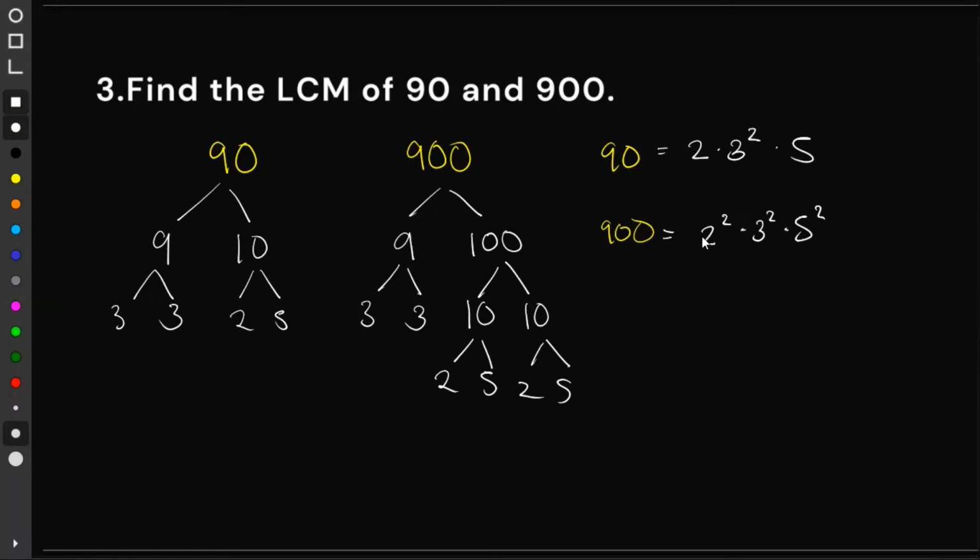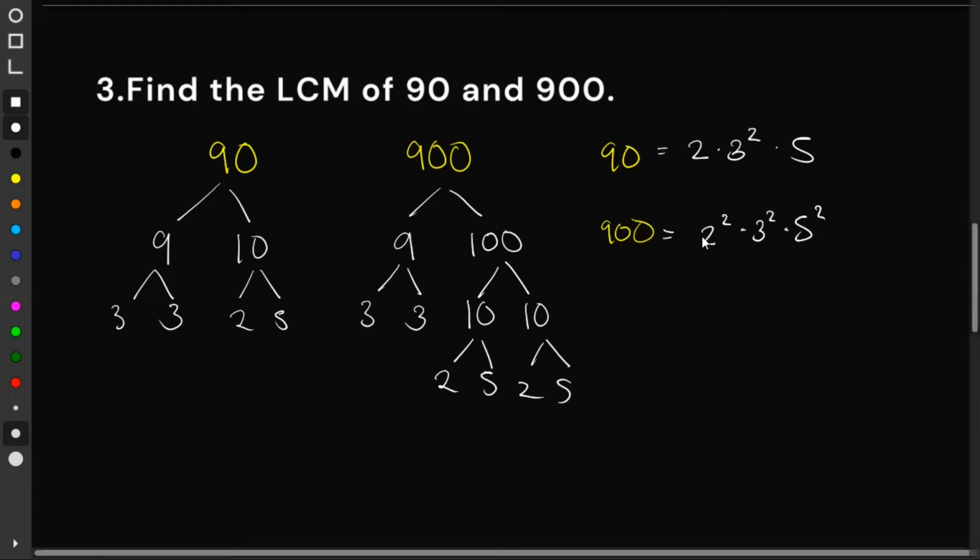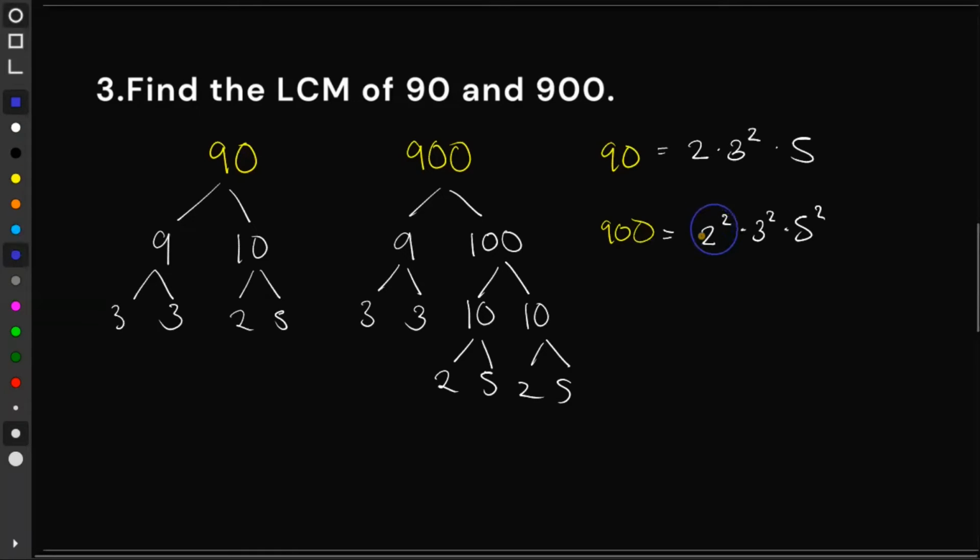Now again, the trick here is that we check which among the 2 has a higher exponent on their similar factors. So for the 2, we know that the exponent of the first one is 1, since 2 raised to 1 is 2. But in the other, we know that 2 raised to 2 is the higher exponent.